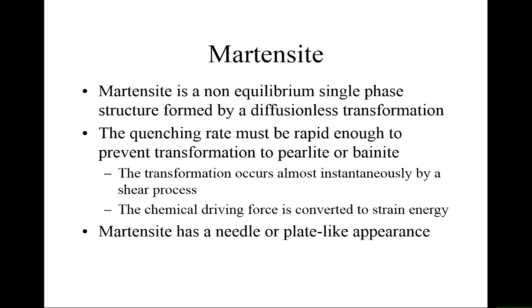So if we quench quickly enough, we'll get martensite, but if it's not quite so quick, you can end up with pearlite and bainite structures which are much more like the thermodynamically stable phases. They're a mixture of ferrite, pure alpha iron and iron carbide.